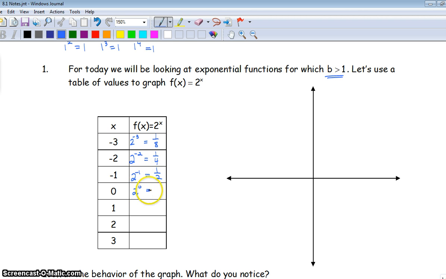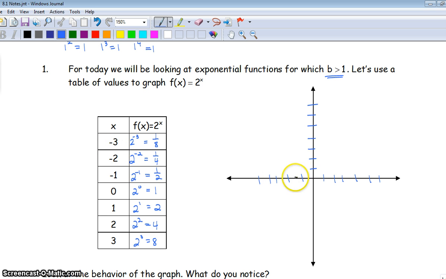2 to the 0 is 1. 2 to the first is 2. 2 squared is 4. And 2 cubed is 8. So we'll do a rough sketch here to see what our growth is going to look like. Our first point is at negative 3, 1/8.